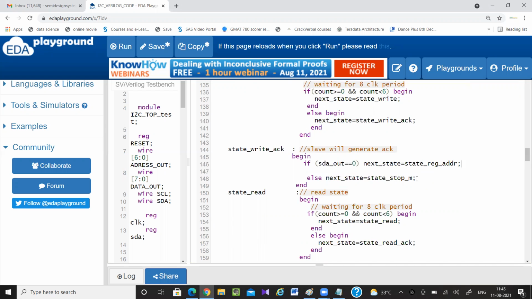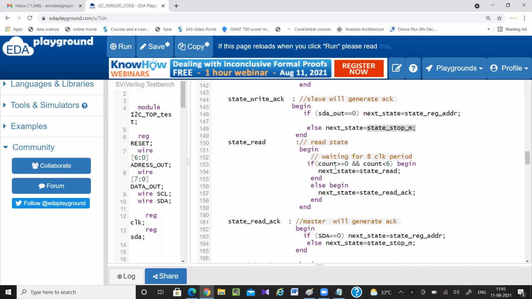So this stop aim state means the previous state of the stop state. In the stop aim state, slave will wait for the stop signal from the master. Okay, ma'am. So in the read state, for the 8 clock cycles it will remain in that state. In the 9th clock cycle, it will go to acknowledgement state.